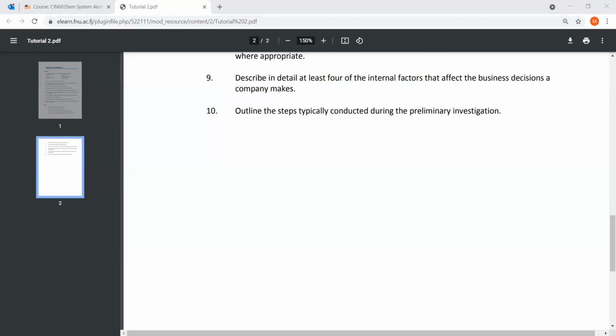Can you repeat that line again? Step 4 is analyze project usability, cost, benefit, and schedule data.